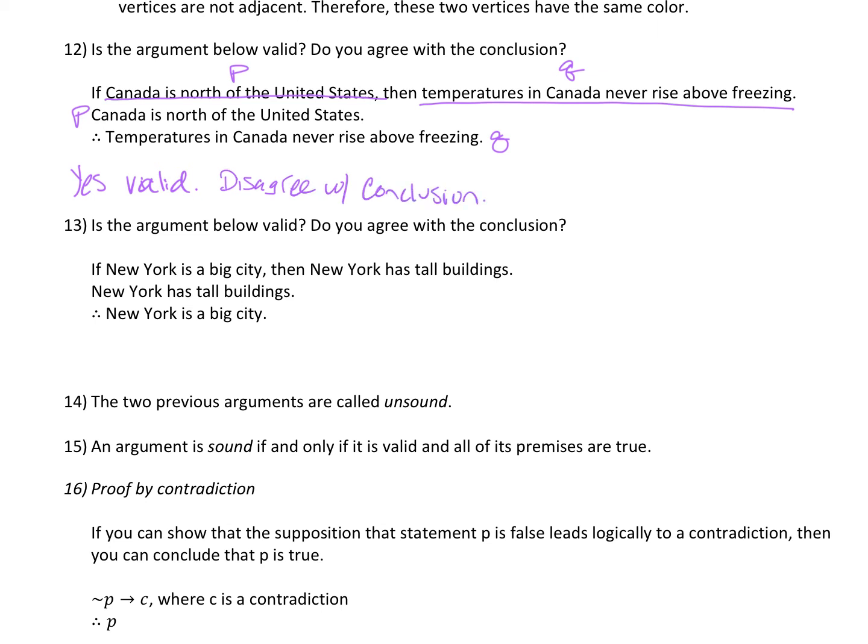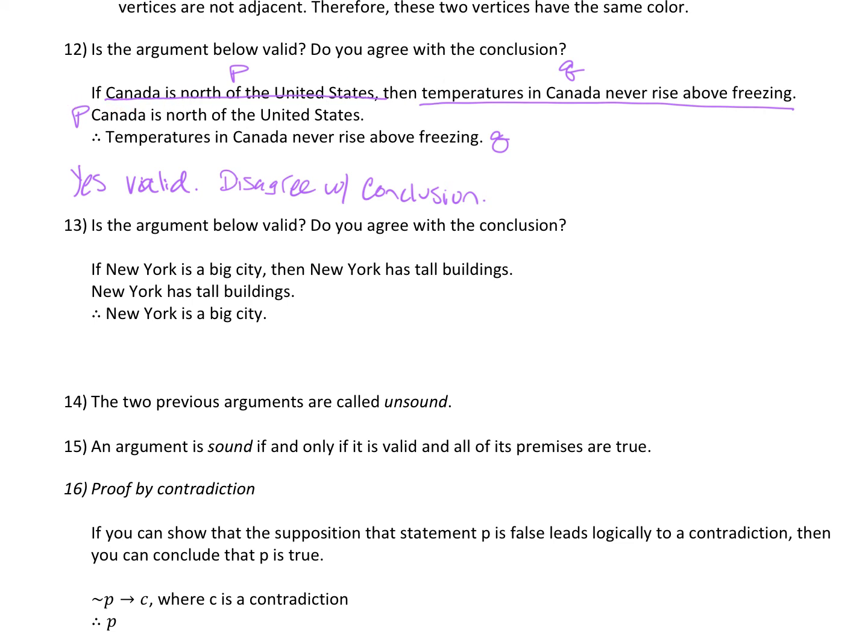So the problem here was with our premise, right? This if-then statement, what makes the argument valid is that if you accept the premises as true, then the conclusion must logically follow. So if we accepted these first two statements as true, it must be that this statement is true. But this first statement, if P then Q, is not true, right?